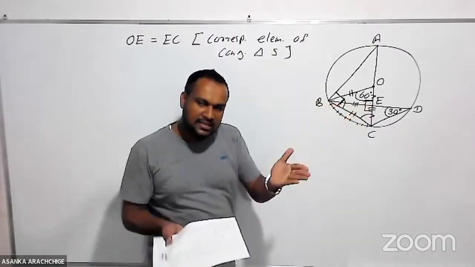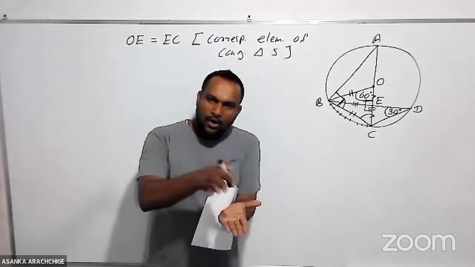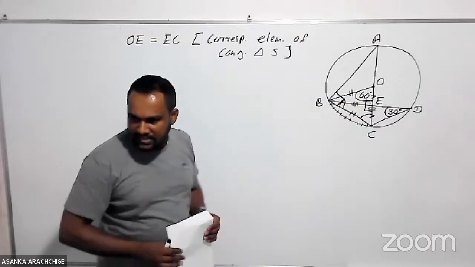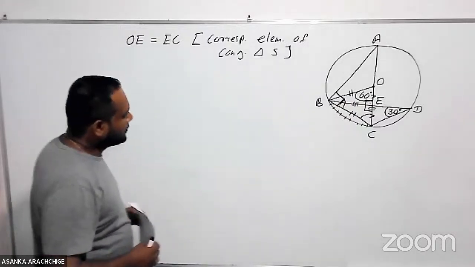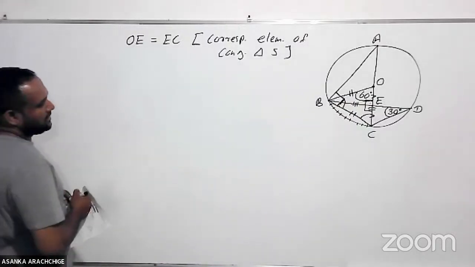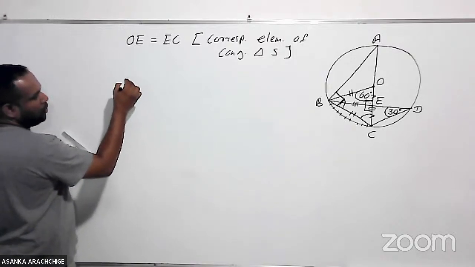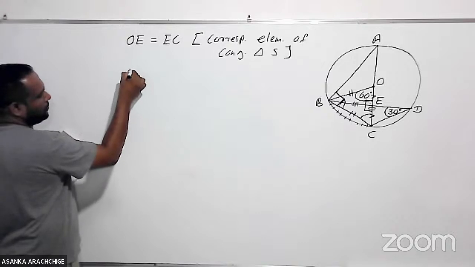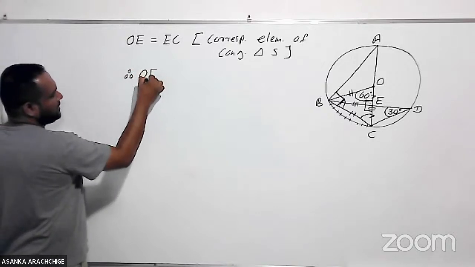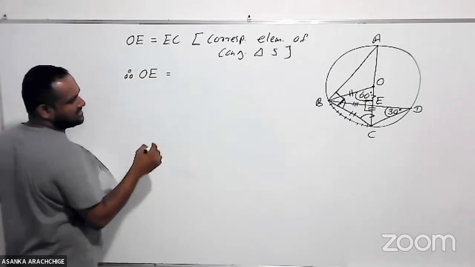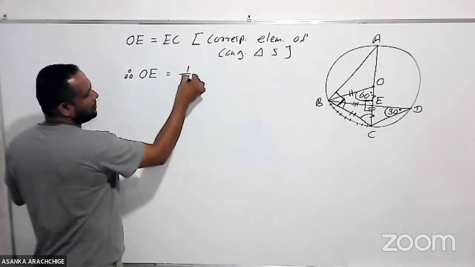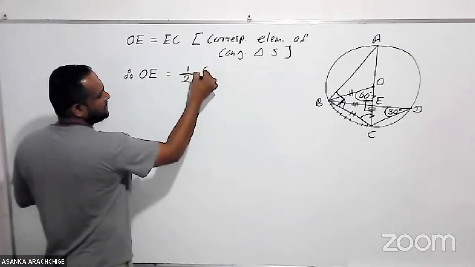They are the sides that fall upon each other. Clear? Right. Therefore OE can be written as what? Half of OC. Clear?